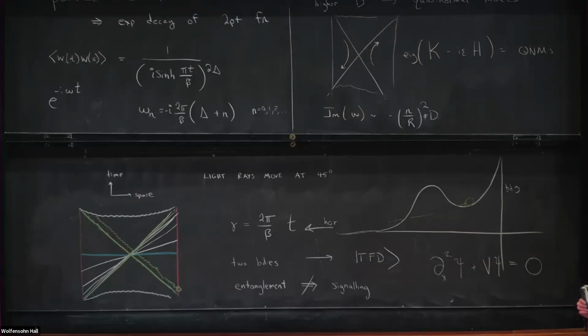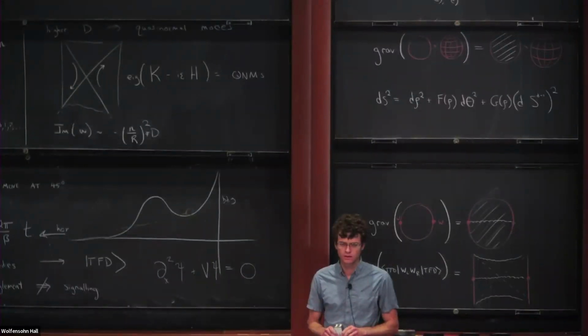Other questions? When you write down this two-point function, I would think it's completely fixed by, if we consider the thermal conformal two-point function, it's the same expression. Yeah. But in that case, we can just think of it as due to thermal pure AdS, not a black hole.